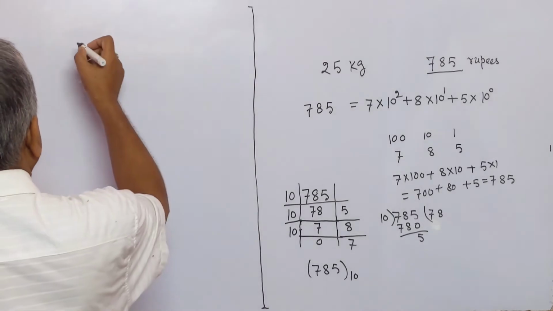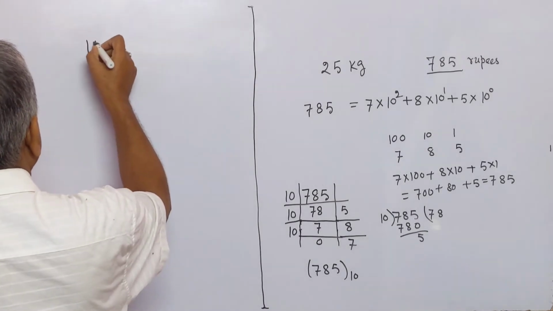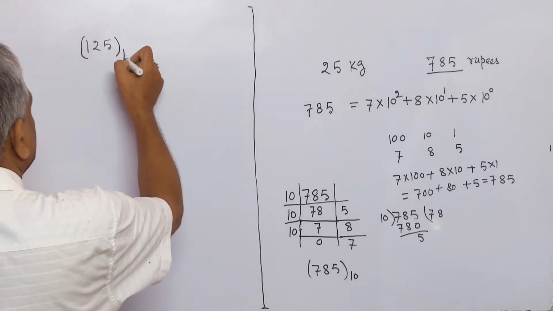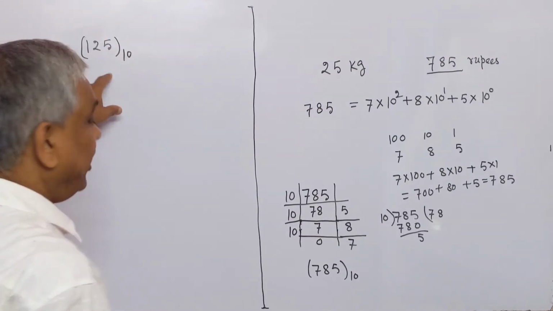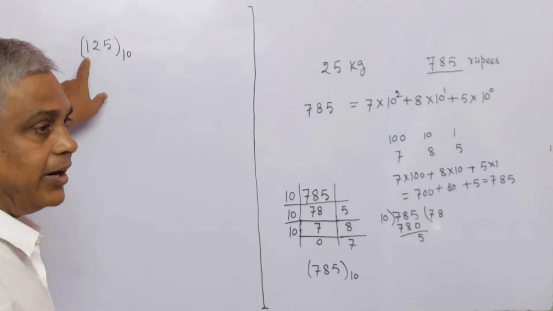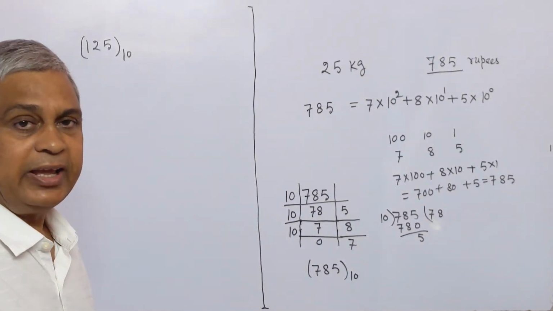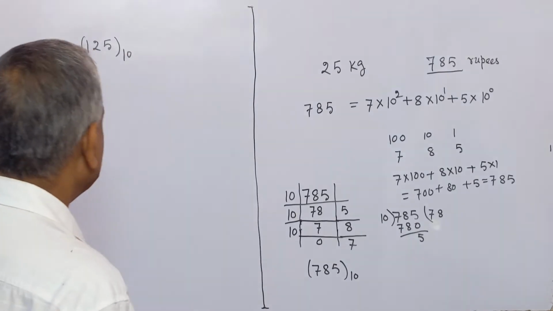Let us have a number 125 in decimal system. We convert this 125 in decimal system to a number in binary system.